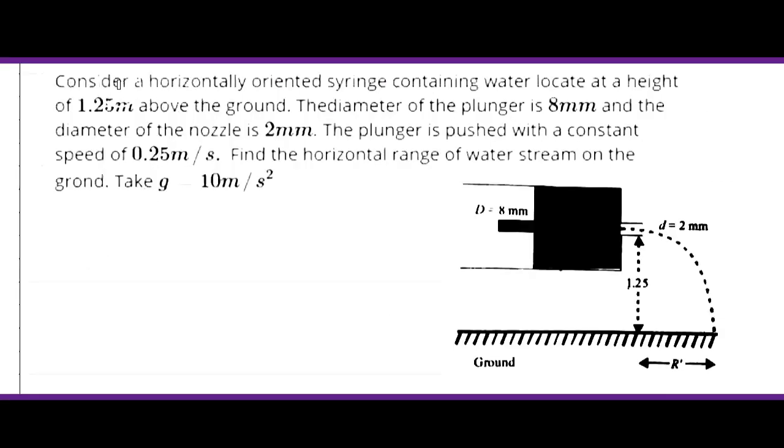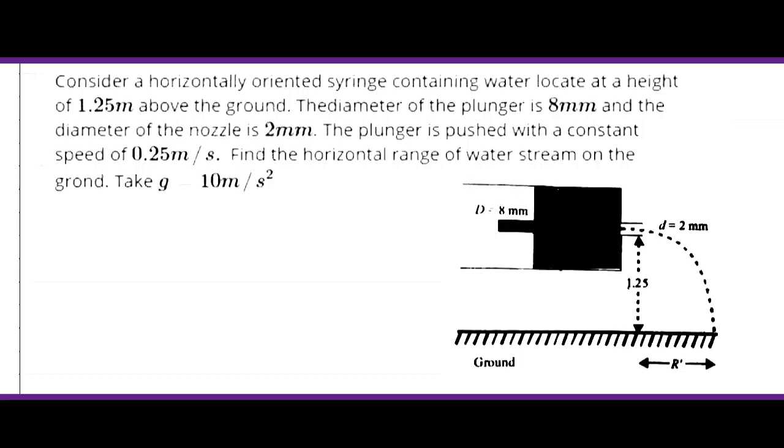The given question is, consider a horizontally oriented syringe containing water located at a height of 1.25 meter above the ground. So we are given a syringe arrangement at a height of 1.25 meter from the ground. The diameter of the plunger is 8 mm and the diameter of the nozzle is 2 millimeters.